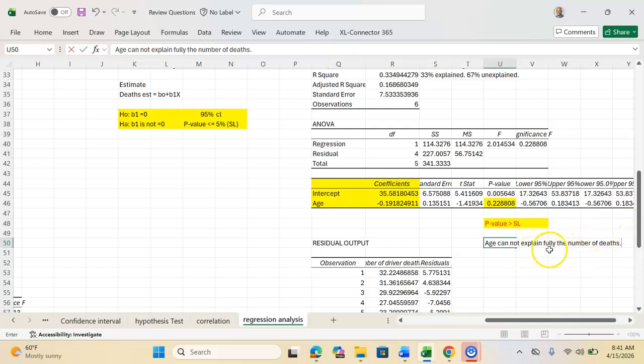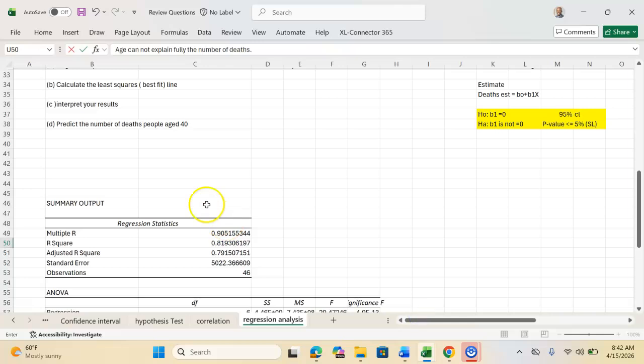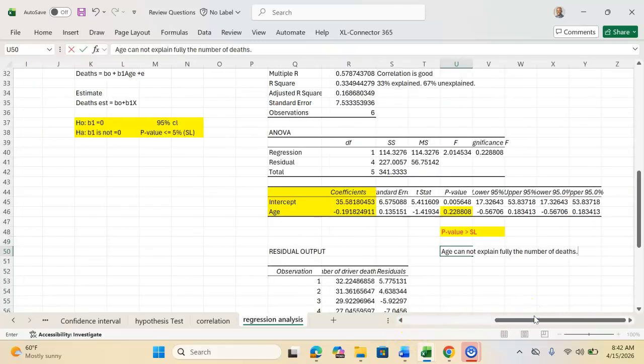If age could explain the number of deaths, and if the p-value was less than or equal to the significance level, then all we could do was rewrite our model, including these coefficients. Because we have a question to predict the number of deaths for people aged 40, although this equation is not significant, we're going to respond to that question. So I'll show you how. Now we have to rewrite our estimated model.